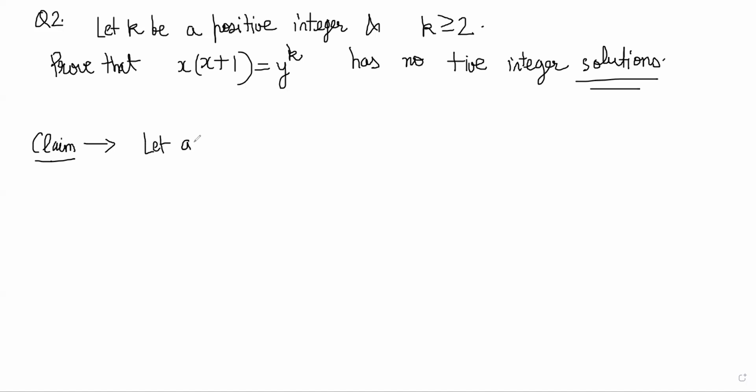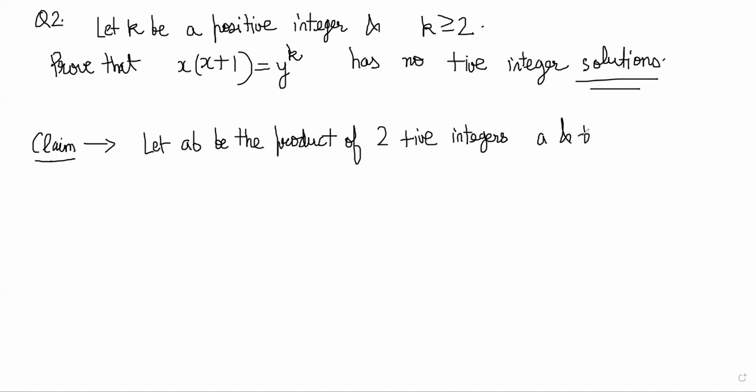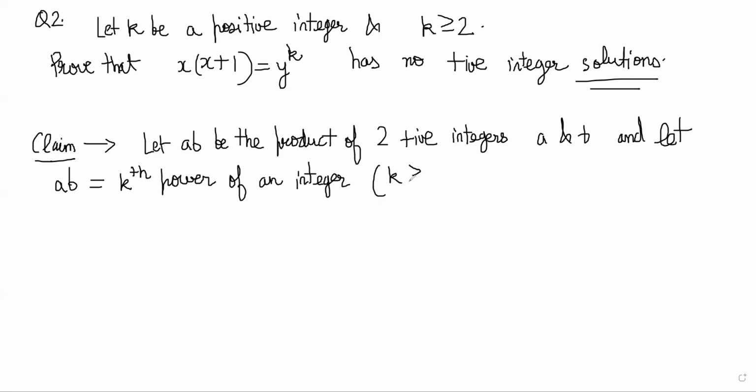Let AB be the product of two positive integers a and b, and let AB be equal to the kth power of an integer, where k is greater than or equal to 2, right?